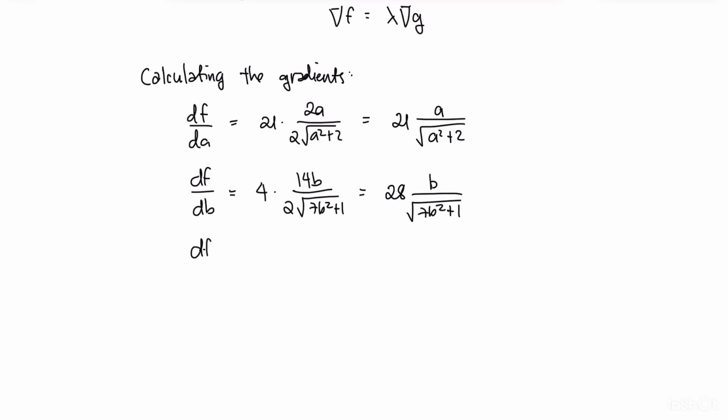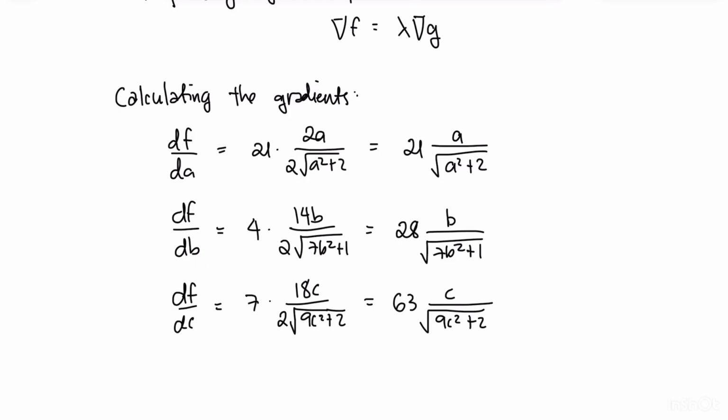Now lastly, the third term. So this is equal to 7 times 18c all over 2 times the square root of 9c squared plus 2. And this simplifies to 63c all over the square root of 9c squared plus 2.